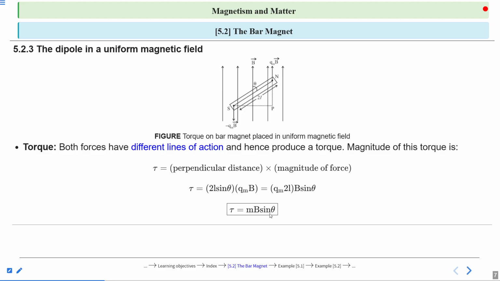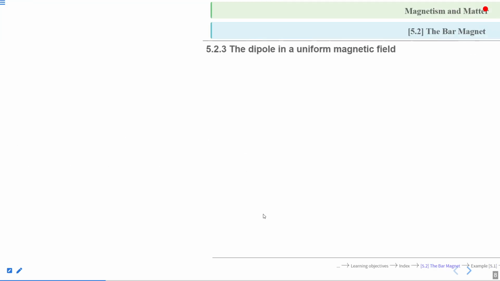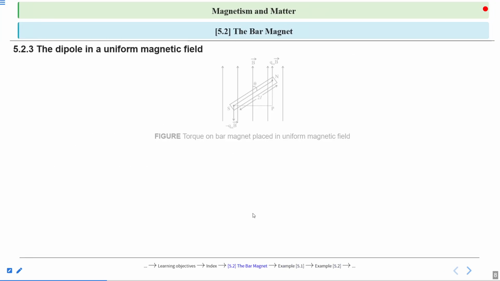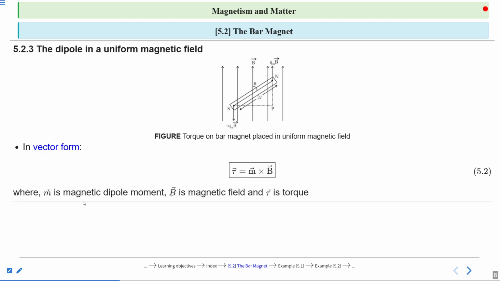So tau is equal to MB sine theta, and in vector form we can write M cross B. Magnitude is MB sine theta. Mark it as equation 5.2, where M is magnetic dipole moment, B is magnetic field, and tau is torque.